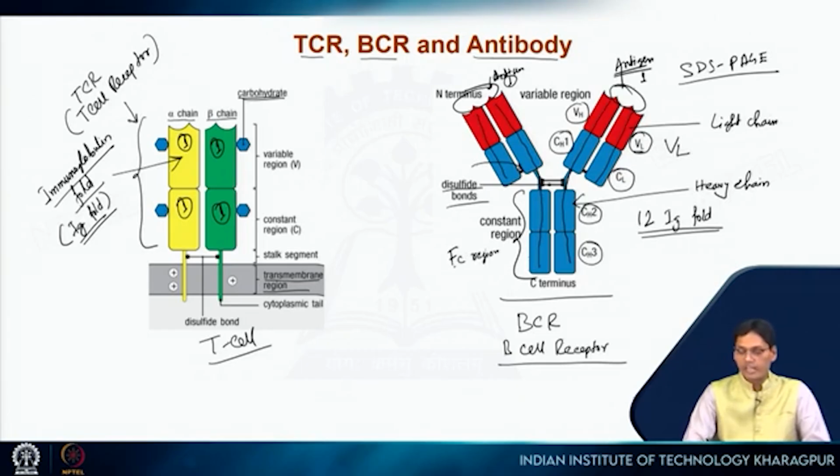FC stands for fragment crystallizable region. Scientists observed that if we can make this fragment, it will be very easily crystallized. So these bind to some cell surface receptor and then recruit other cells to carry out some effector function, so that the immune cells can clear the infection in a better way.